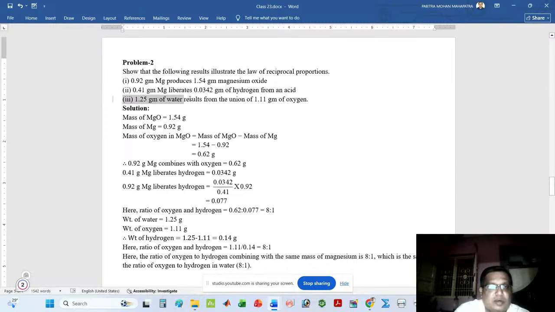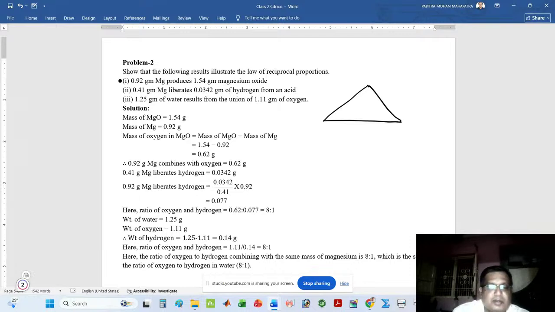Next, third is 1.25 gram of water resulting from the union of 1.11 gram of oxygen. Three points are given. If I want to draw the triangle, then I will draw like this. This is the triangle which clearly explains it.